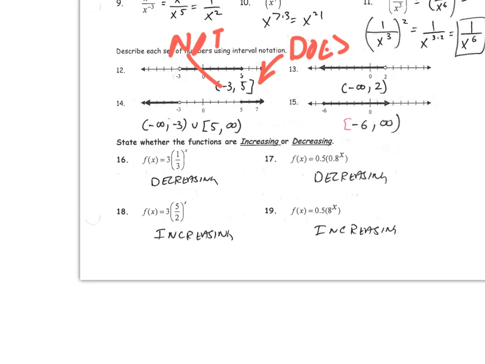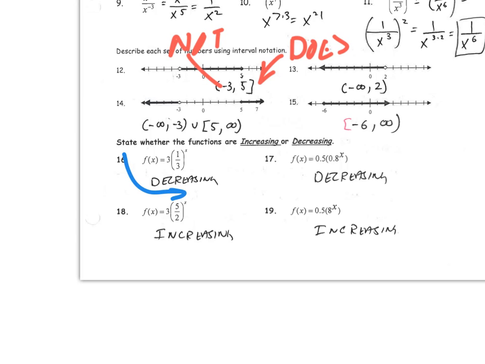Okay, we just did these in class on the last test review. This is increasing and decreasing. It's not growth and decay. Plug this function into y equals in your calculator, and you will see that this is a decreasing function.